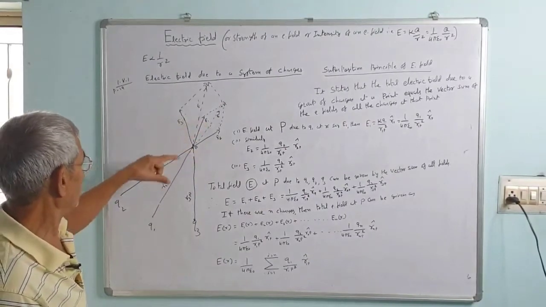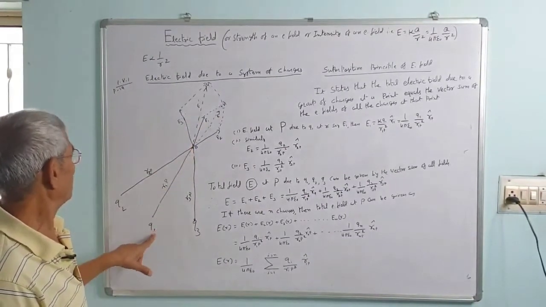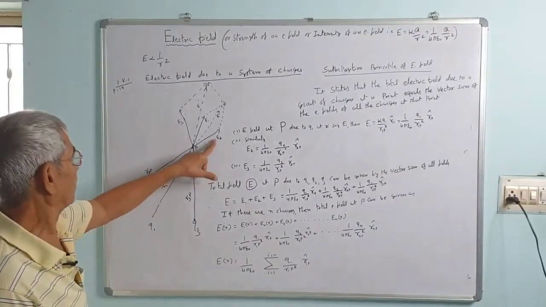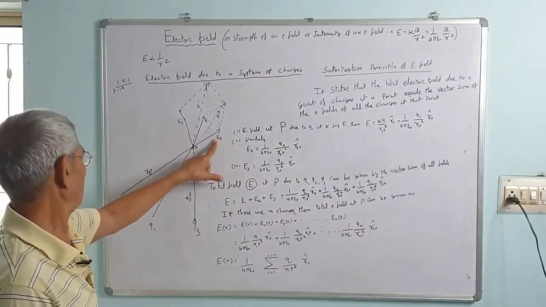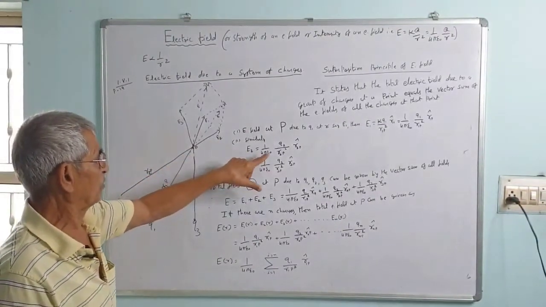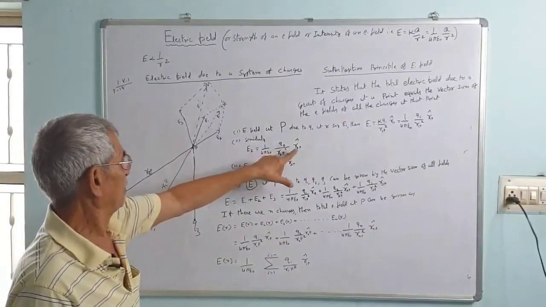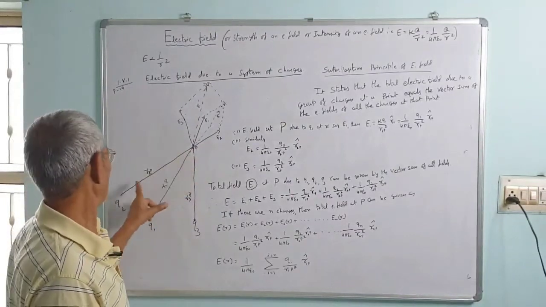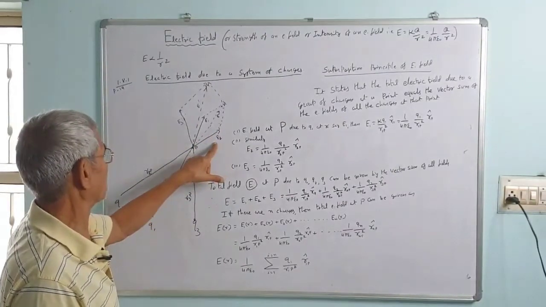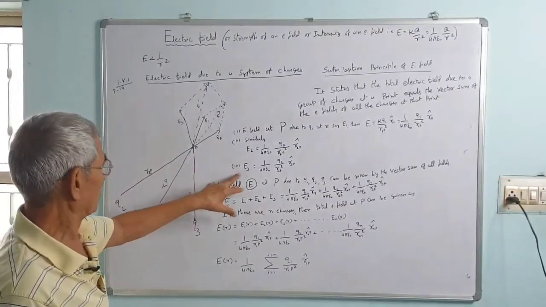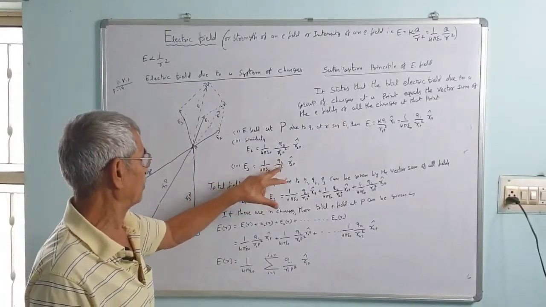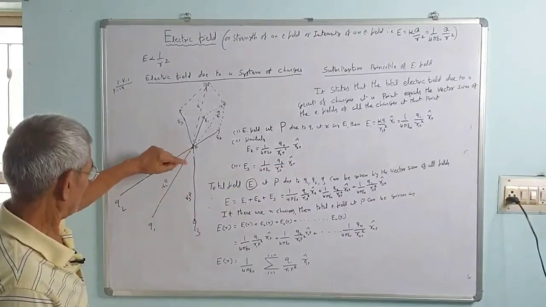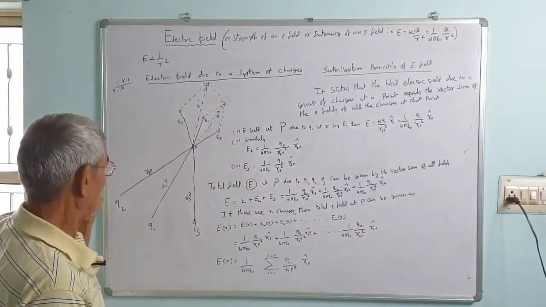So, this is the direction of E1, the electric field due to Q1. The electric field due to Q2 can similarly be given by E2. E2 is equal to 1 upon 4 pi epsilon 0 Q2 upon R2P square, unit vector R2P, that is this direction. This is the direction of E2. Similarly, the electric field E3 is equal to 1 upon 4 pi epsilon 0 Q3 upon R3P square, unit vector R3P. This direction is as shown in the figure, correct.